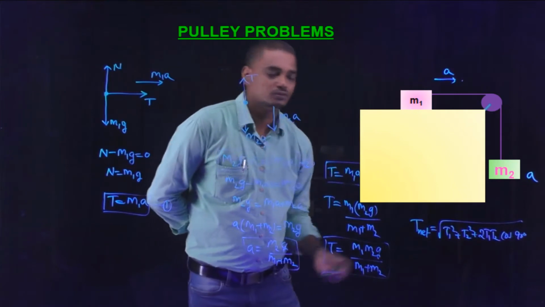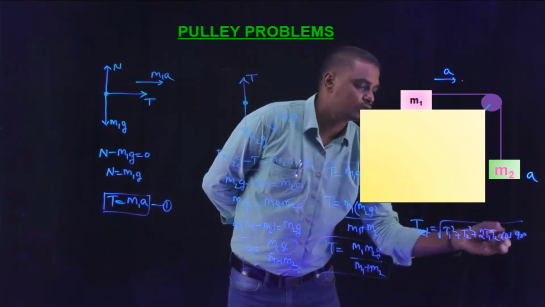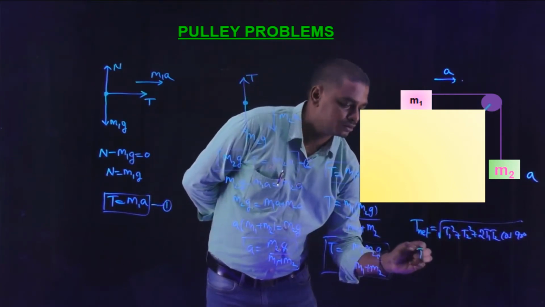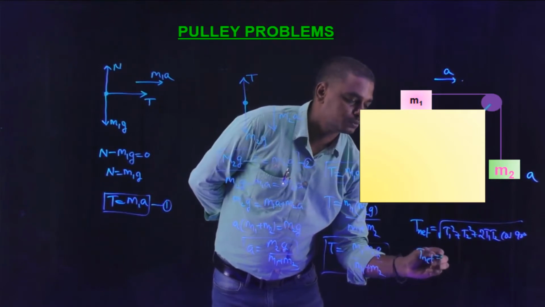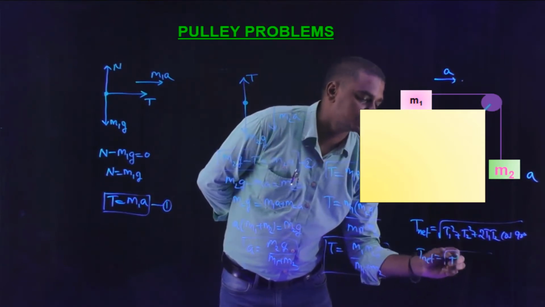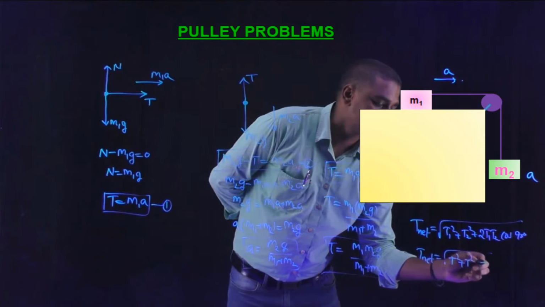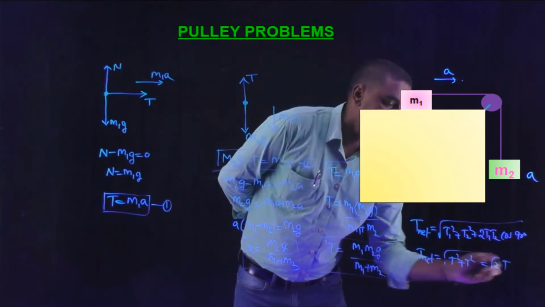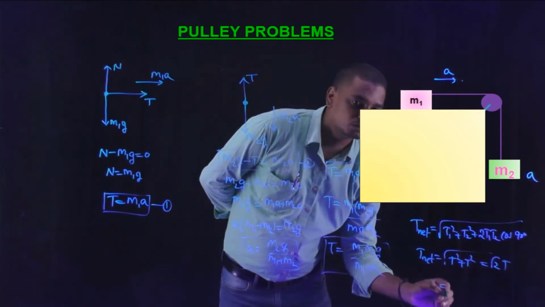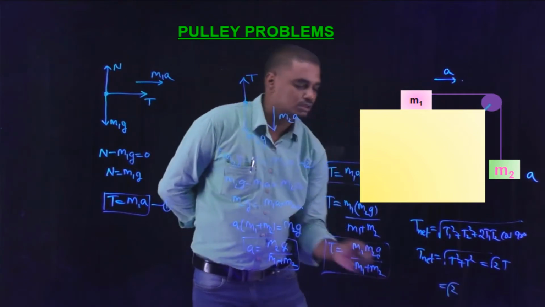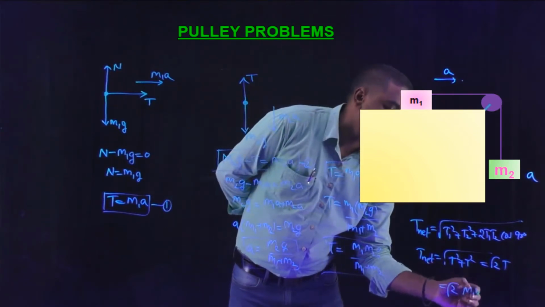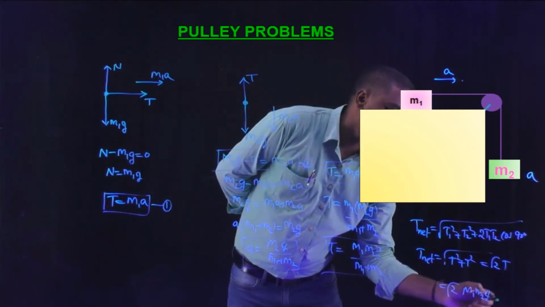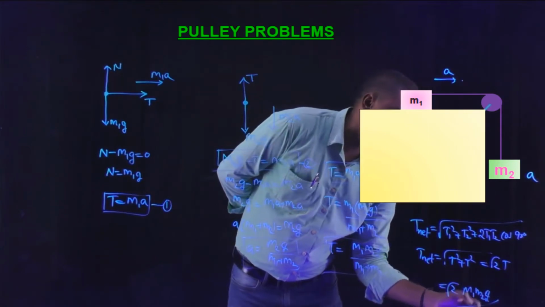Cos 90 is 0, so that term is 0. So the net thrust over the pulley is equal to root over T square plus T square, which is root 2 into T, that is root 2 times m1 m2 g by m1 plus m2.